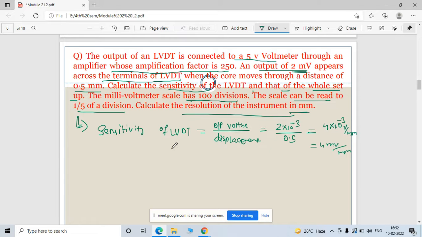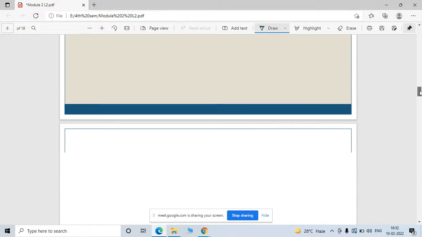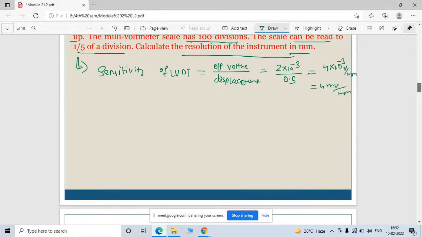Now the second thing is that the sensitivity of the instrument is nothing but your amplification factor into the sensitivity of this LVDT.